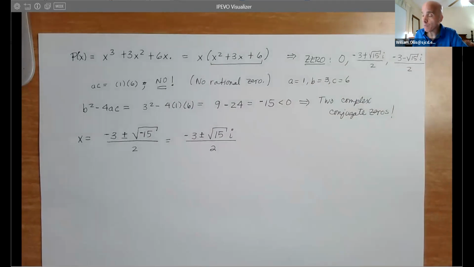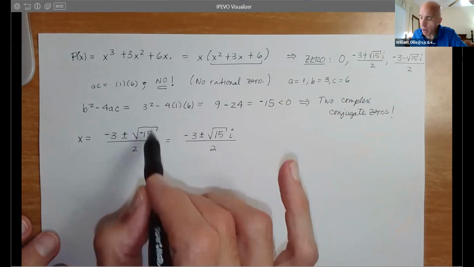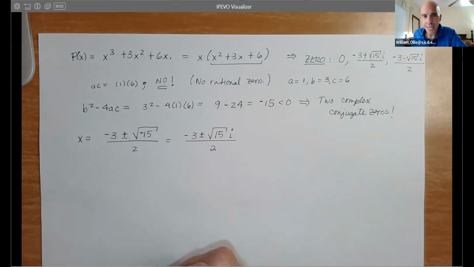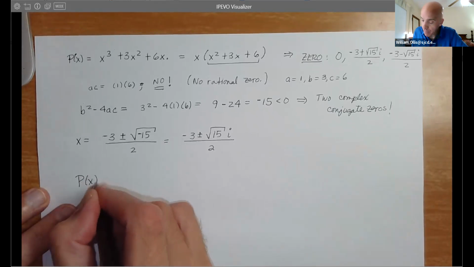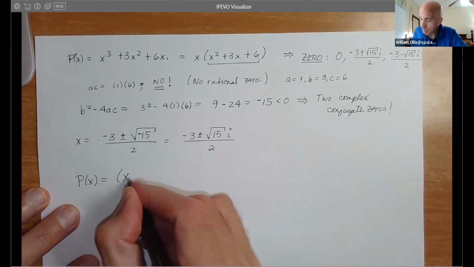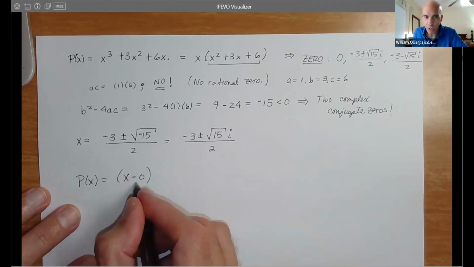And now we're ready for complete factorization. Let me just tell you this. If you keep your complex number in this fraction form, it's real easy to type it into WebAssign with complete factorization. So now we have P of x. We've got a 1 out front. So we have, I'm going to beat this to death, x minus 0. That's just x, but just put the 0 to humor me.